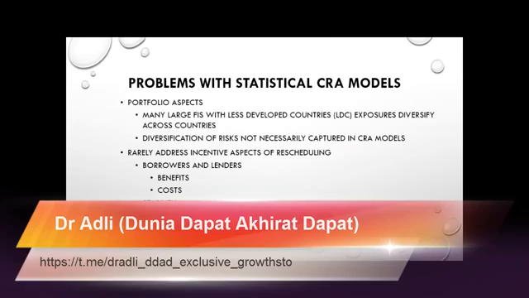Models rarely address the incentive aspect of rescheduling, borrowers and lenders, benefits, costs and so on. A stability model is likely to require frequent updating. If you do the statistics, you need to do frequent updating, and that is a lot of work, because data from various countries need to be compiled together. Then you analyze it, get the results, and then you do the ranking.